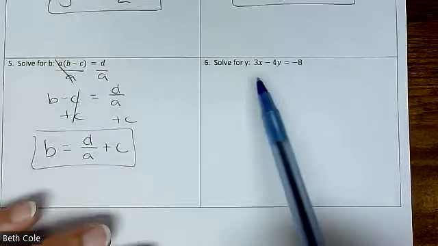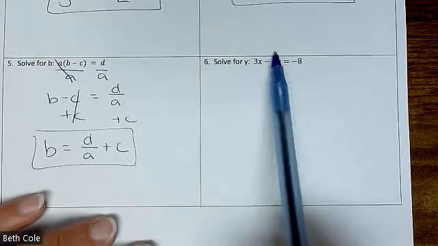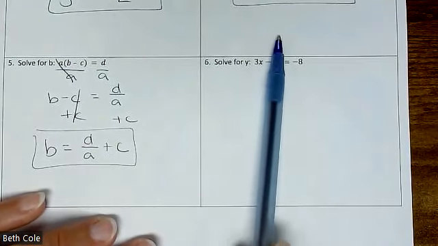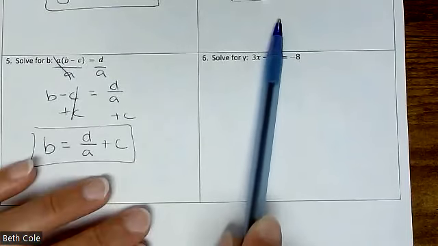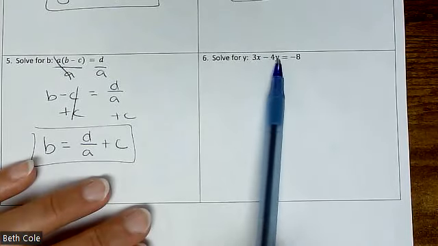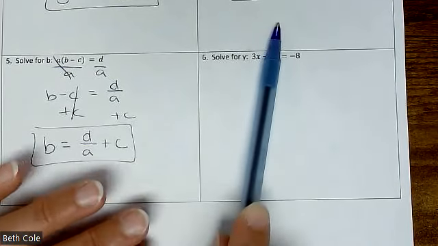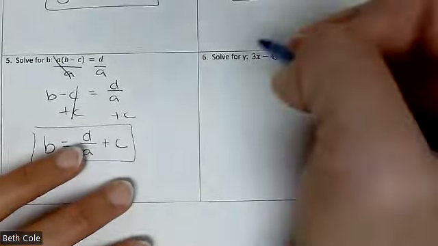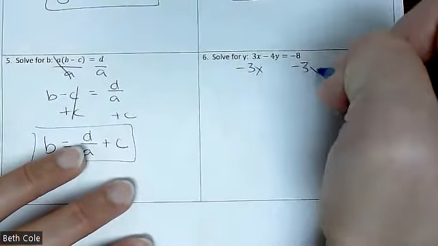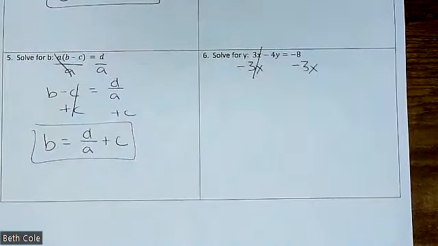We learn by practice. Trying to get Y alone. That means don't touch Y, leave Y where it is. What would you do first to both sides? You're gonna leave this where it is. Don't touch that. Good, you guys are getting it. Minus 3x. The steps aren't any different than what you've done before. You're just not doing any actual math.